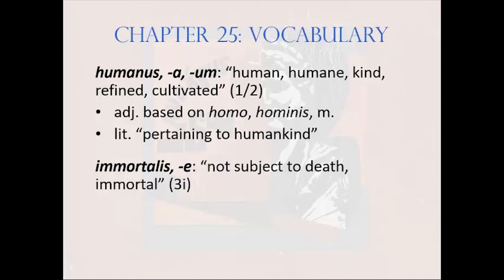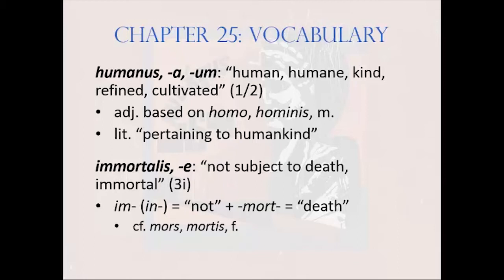It's third declension, so it must be I-stem. It's a combination of the prefix in, here in its assimilated form im, meaning not, and the base mort, meaning death, a base we've already encountered in the noun mors mortis.